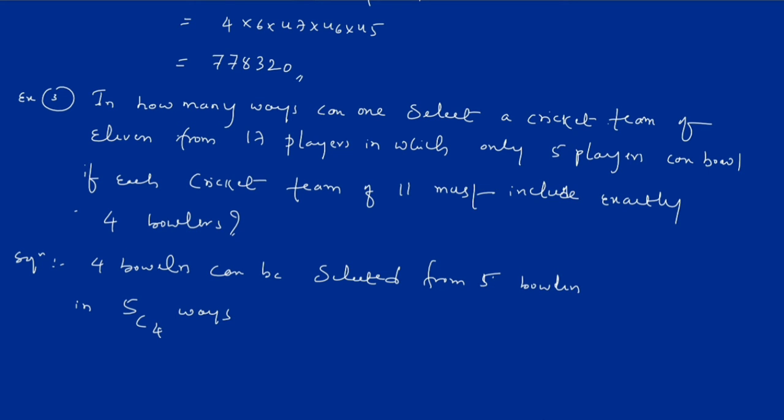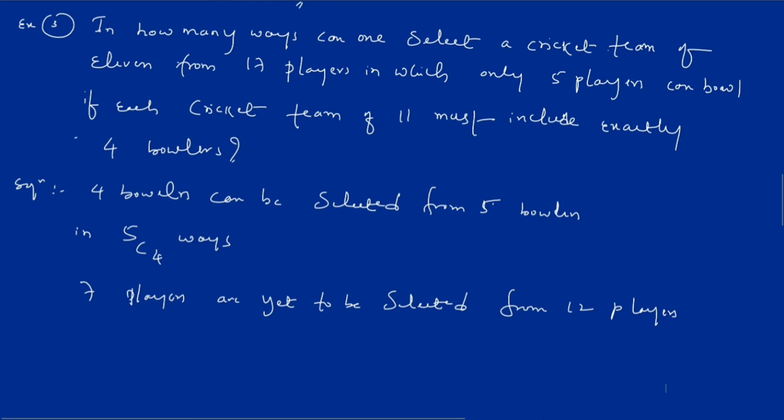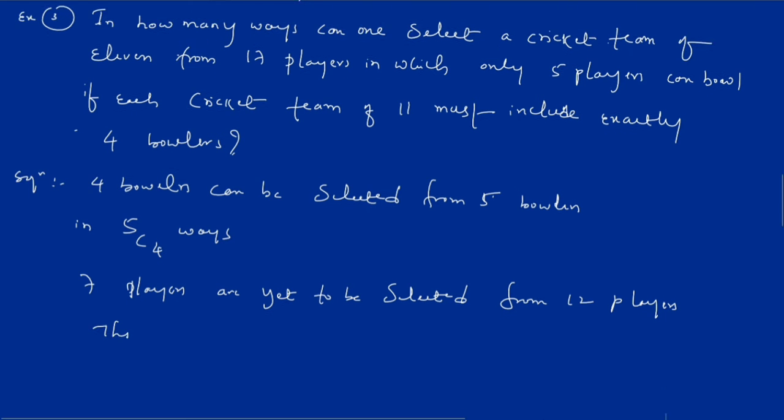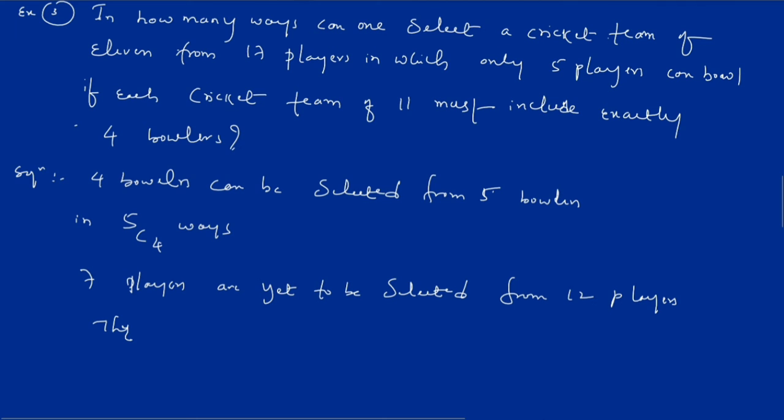So 7 players are yet to be selected. Still 7 players we have to select from 12 players, right? So they can be selected in 12C7.